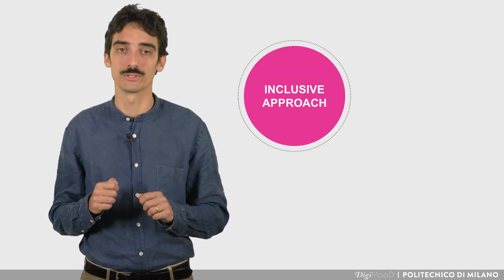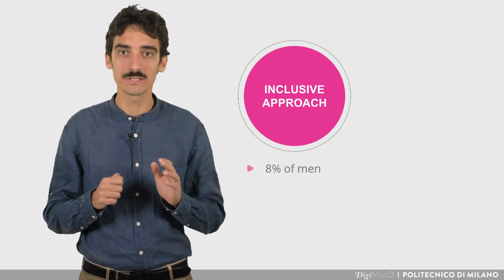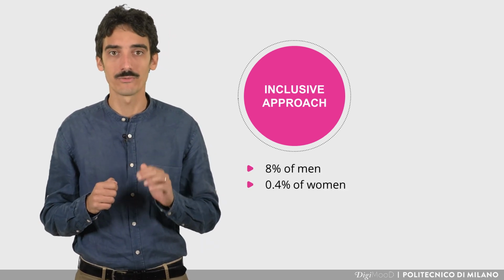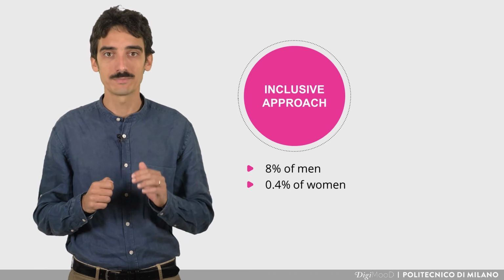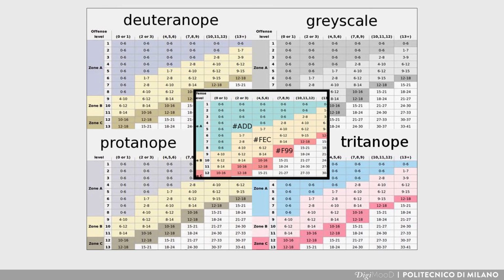In addition to choosing the right color scheme according to the right type of data, when choosing colors, try to adopt an inclusive approach. Remember, for example, that 8% of men and 0.4% of women experience color deficiency. Look at this chart.